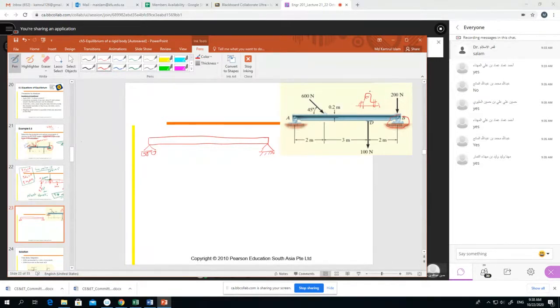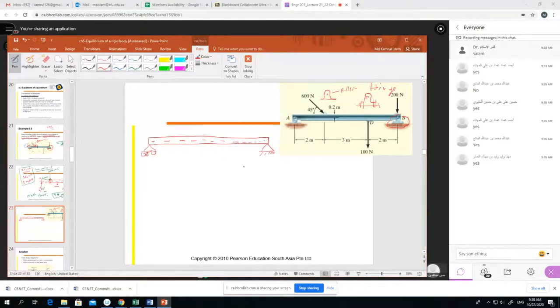This is actually the hinge, and the roller is like this. But when we draw the free body diagram by hand, we show the hinge and roller like this.